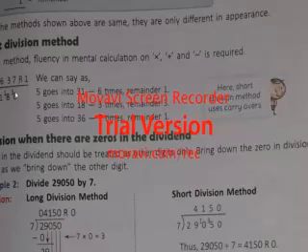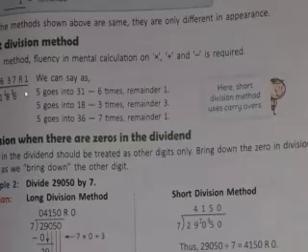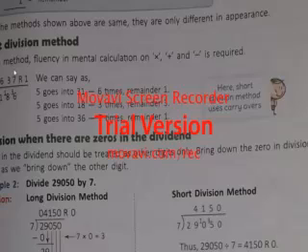So 3 came over here, and 3 and 6 becomes 36. So 5 7s are 35, and now 1 is the remainder. This is the quotient and remainder: 637 is the quotient and 1 is the remainder.